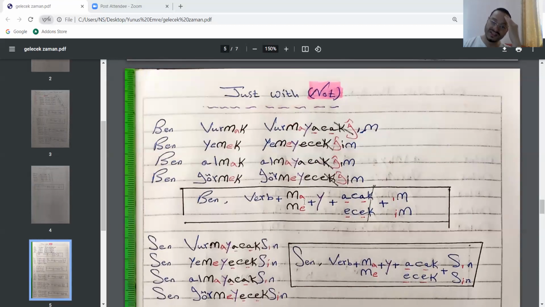In Turkish it's like an addition: we put it directly after the basic form of the verb, ma or me, and here y will be a kind of condition because we have two following vowel letters, and after that the verb to be, delta M.